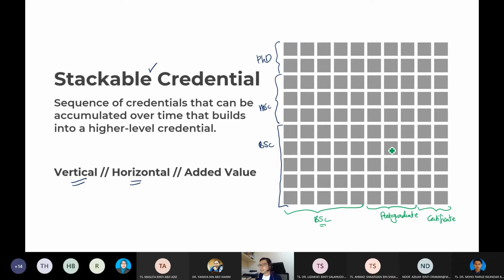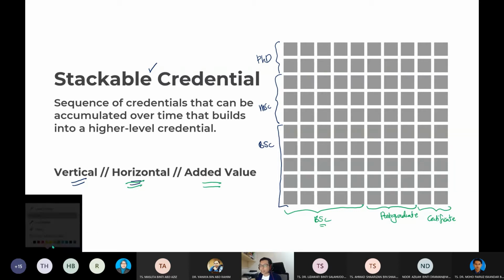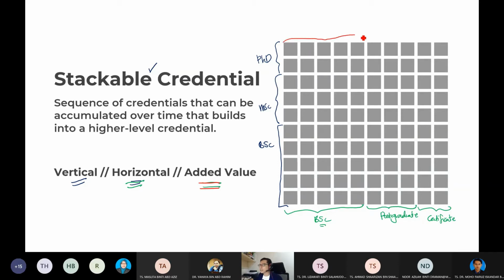And then there's another thing we call added value. Added value is what I mentioned just now. Added value is when you have a completed degree, for example. So let's say this whole block here is your degree. Let's say you have an aerospace degree, Bachelor of Science in Aerospace. I keep saying aerospace because that's my department, more familiar with the structure.